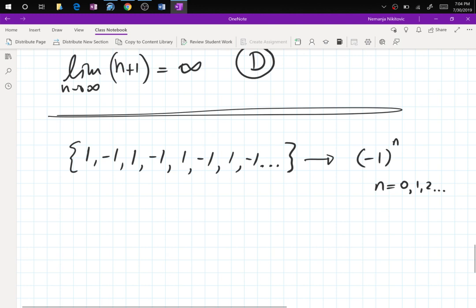It's bounded because it never dips below -1, so bounded by -1 from below, and it never goes higher than 1, so bounded on top, also bounded by 1. So it's bounded, but it's not convergent, right? It's not convergent because... And then we have monotonic, we have a whole bunch of these things, and then the theorem that says bounded monotonic sequences must converge and so on. So we'll deal with those subtleties tomorrow.